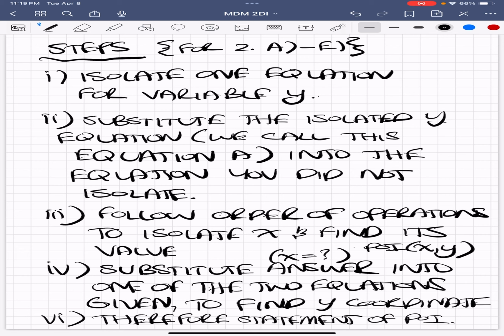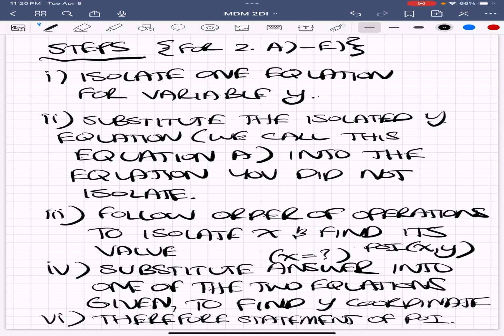So we are moving on to more difficult questions. And let's begin. So we isolate one equation for variable y, and then we substitute the isolated y equation, we call this equation A, into the equation you did not isolate.